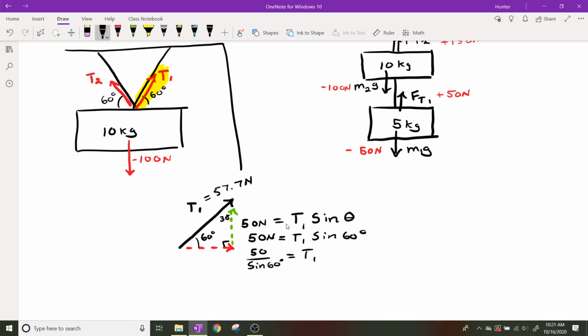Because whenever we did the lab and dragged the box on the carpet, if you put it at an angle, you got a greater force. That's because not only are you trying to counteract the pull going this way, you're also trying to counteract gravity at the same time. So having an angle is going to create an extra tension in the string, which is exactly what's going to happen here.